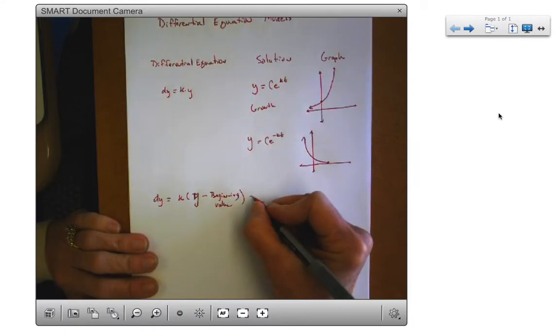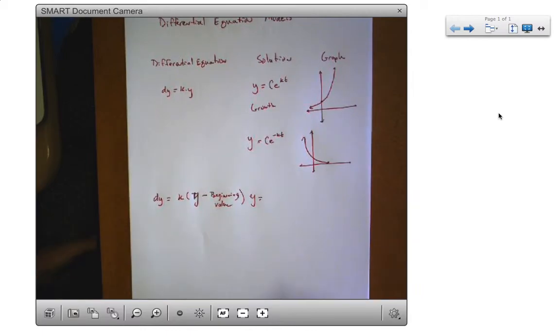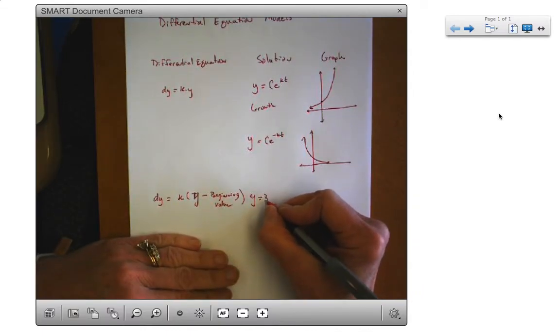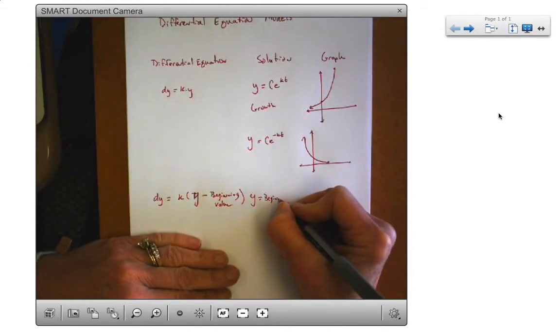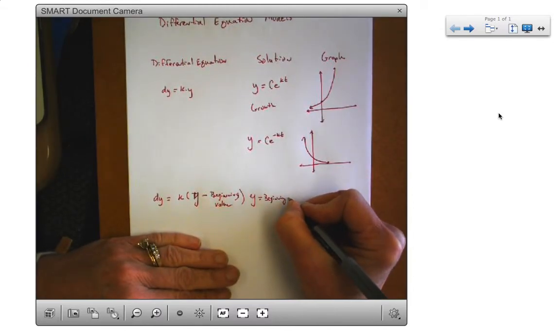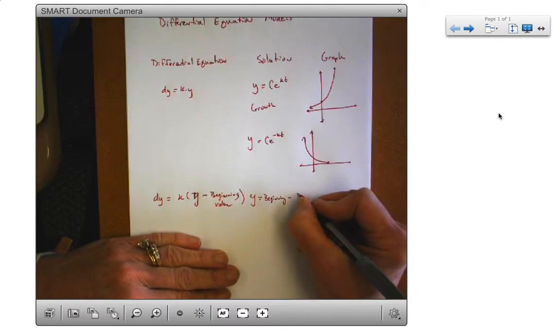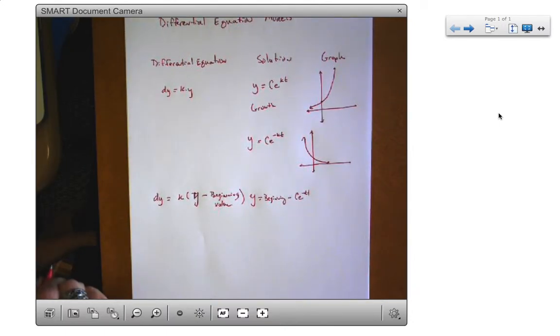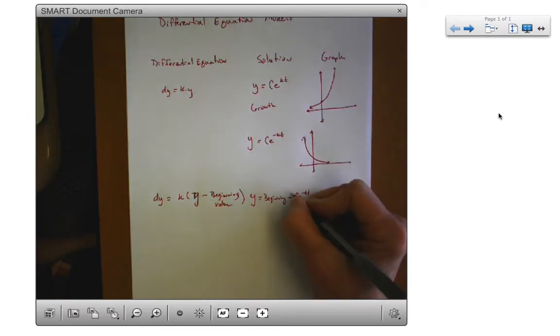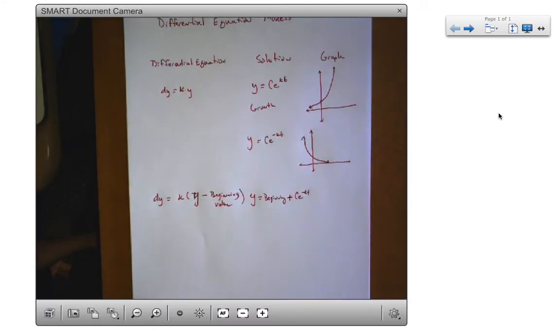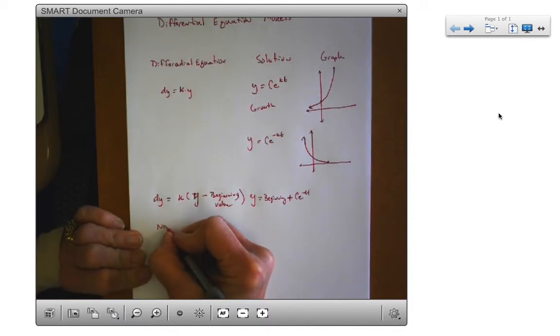And this becomes the solution y equals beginning minus ce to the negative kt. Or I'm sorry, there should be a plus there. All right. This was for Newton's law of cooling.